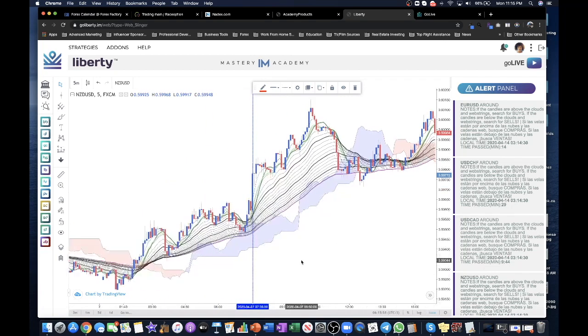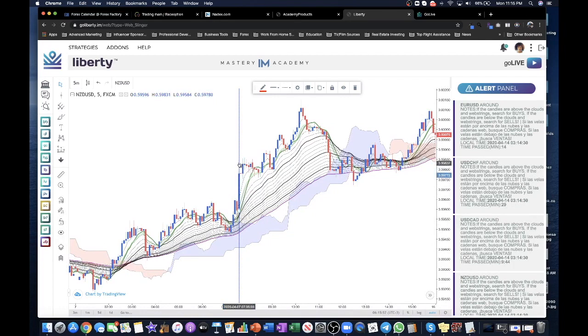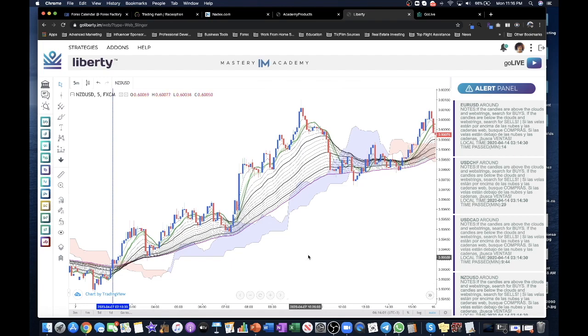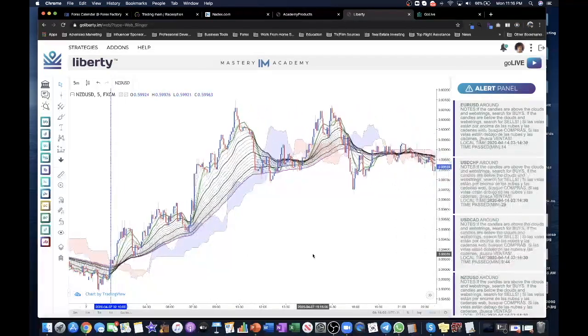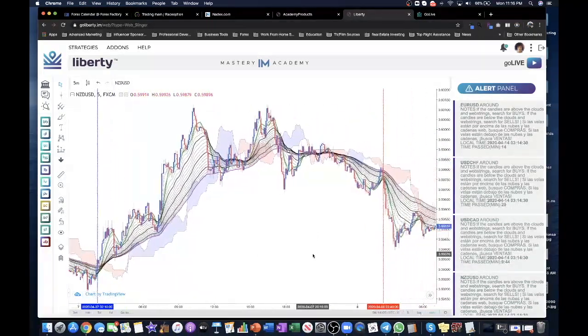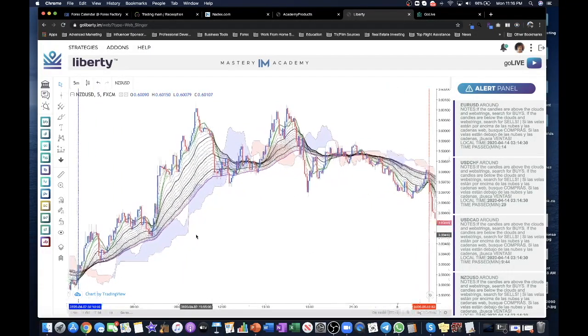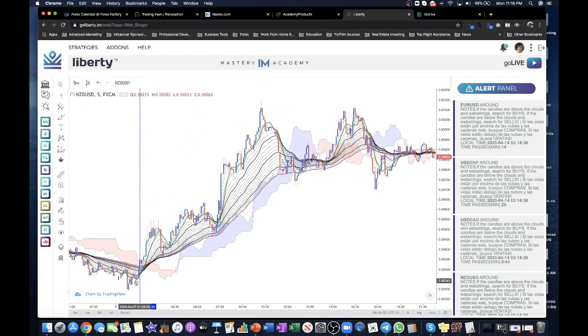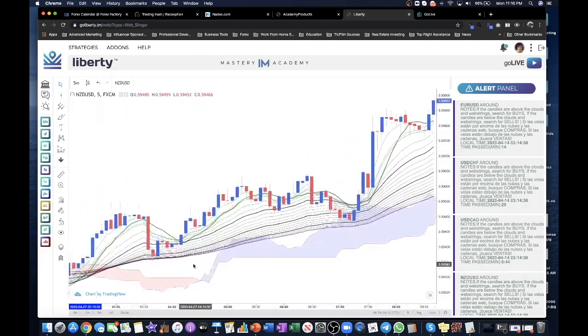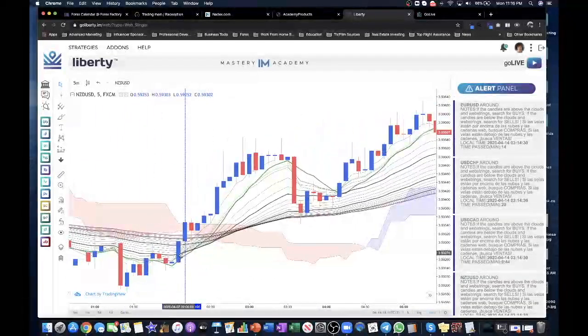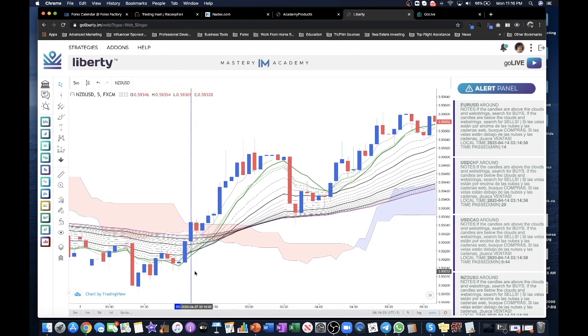So, the strongest confirmations you're going to get: whenever you see the candles crossing up all the web strings, like in this example, whenever you see the candles crossing up the final web string on the way up, that's going to be a very strong confirmation for a buy.